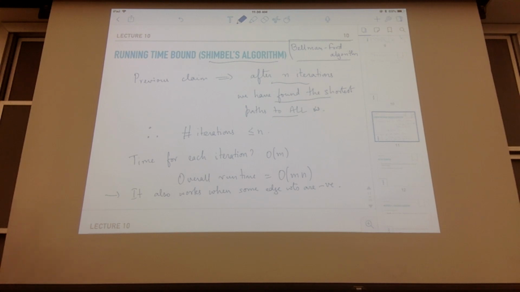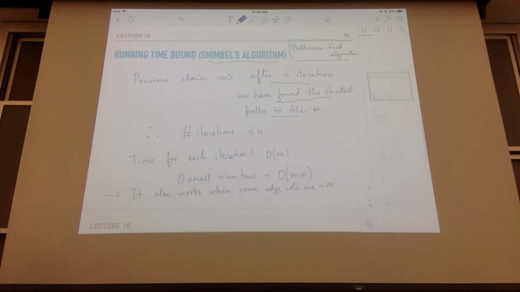And this is true even now, because clearly it is a simple path. It cannot use a vertex twice, because that would mean there was a cycle and you could have removed that cycle. So for this reason, even if you had negative weights, the whole analysis works. That's the other nice thing about this algorithm.